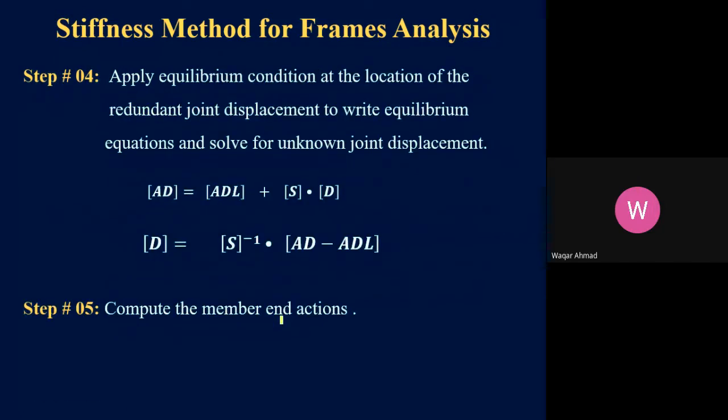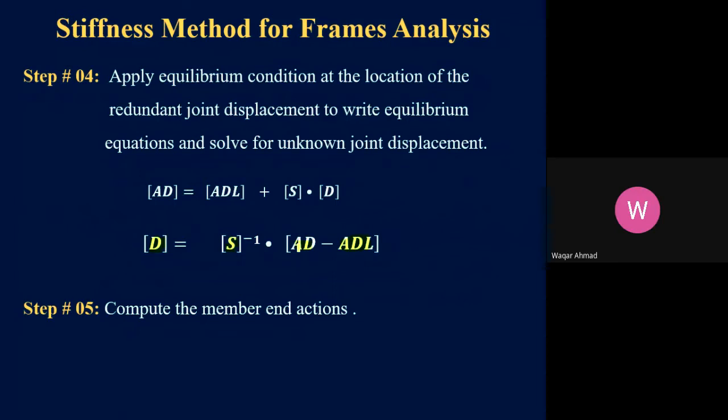Then in step number 4, you simply plug your matrices into this equation to find the values of this D matrix. This is the stiffness matrix which is obtained from step number 3, and this AL is the matrix which you obtained from step number 2. And what is the AD matrix? You know that it is the actions corresponding to the specified displacements.